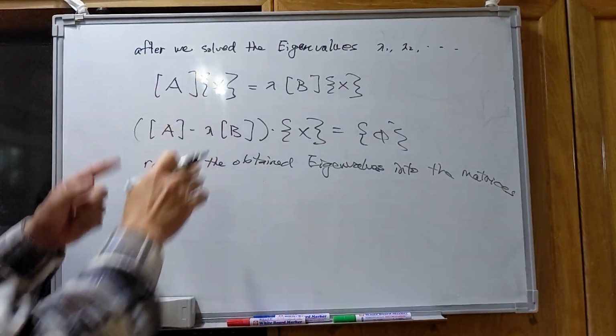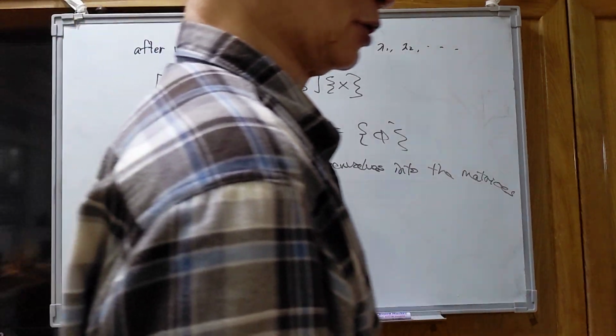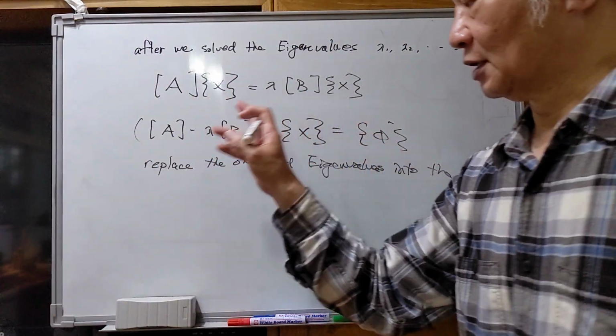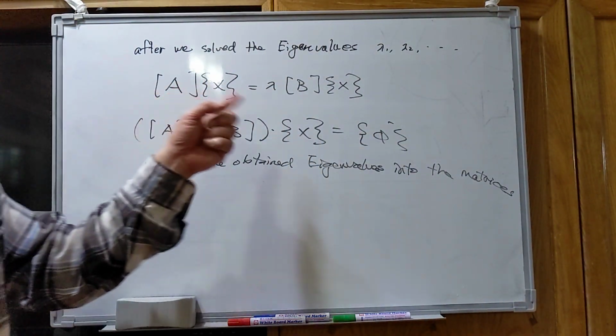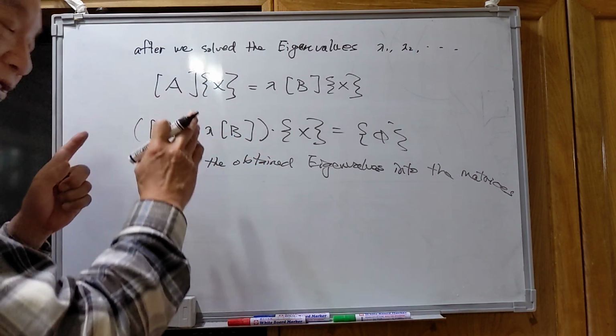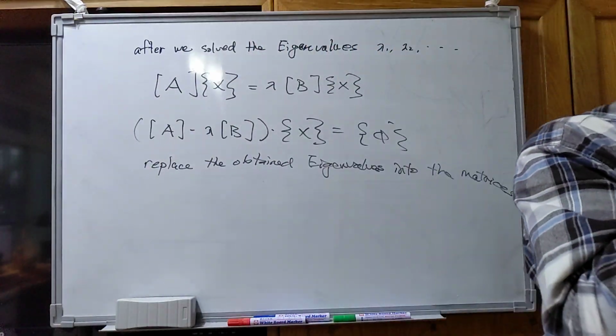Okay, so we can replace the obtained eigenvalues into these equations. Then we can get a coefficient matrix, and the determinant of the coefficient matrix must be equal to 0. Okay, so that's the basis of how we solve the eigenvalues.